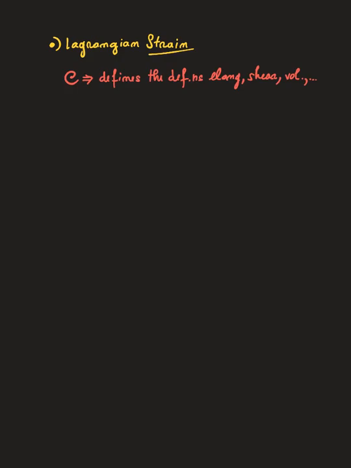If everything passes through C, then when C is equal to the identity, it means that the material is unstretched. Essentially, what does it mean? If C is equal to the identity, then also U is equal to the identity.